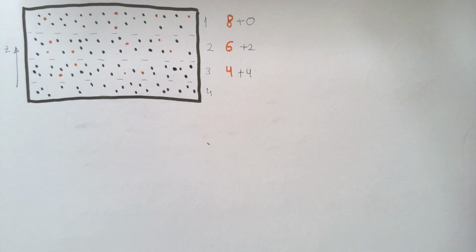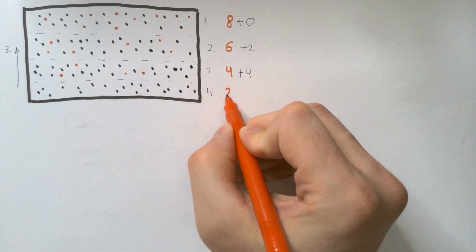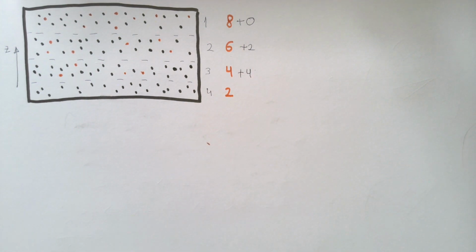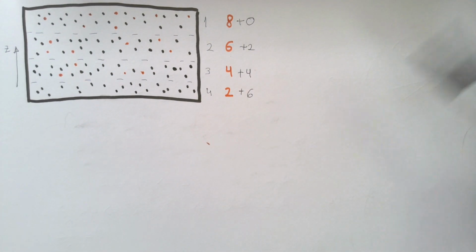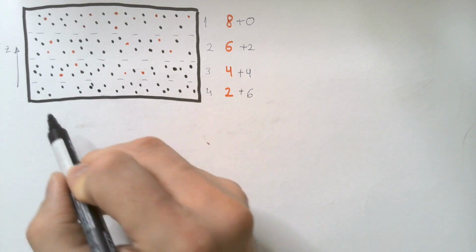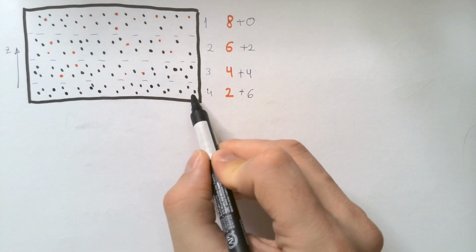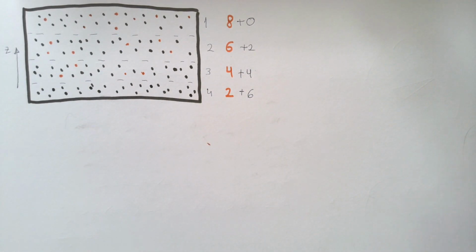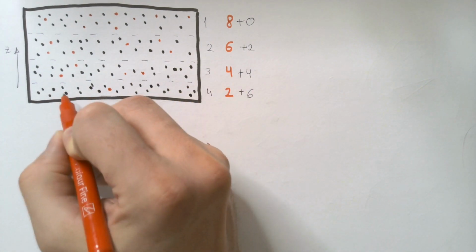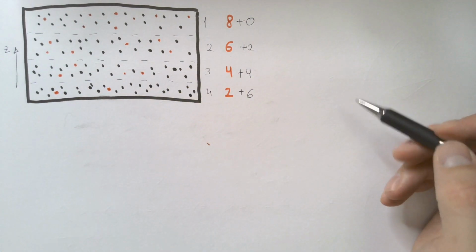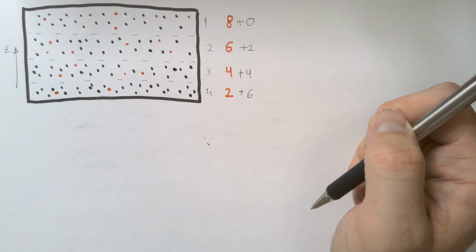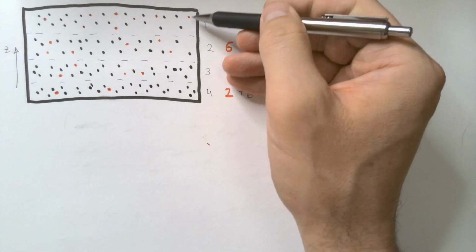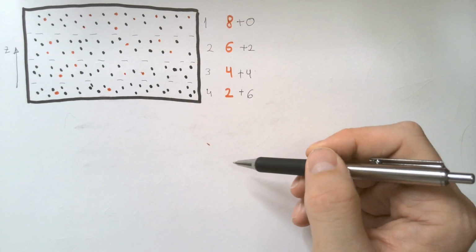And lastly, I will add 2 red particles here, and then I have to add 6 more black. So 6 more black, 1, 2, 3, 4, 5, 6, and 2 red, 1, 2. What we did here, as you can see, we made a situation where we have absolutely identical particles.